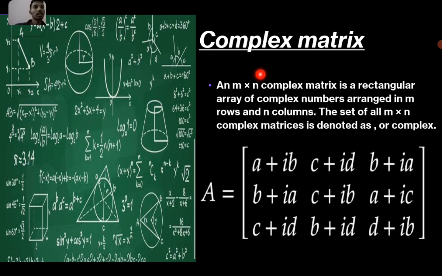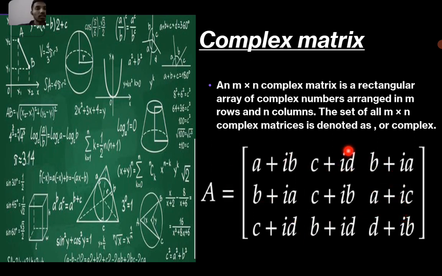Complex matrix. An M×N complex matrix is a rectangular array of complex numbers arranged in M rows and N columns. The set of all M×N complex matrices is denoted as M_mn of C. For example, A equals [a+ib, c+id, b+ia; c+ia, c+ib, a+ic; c+id, b+id, b+ib].